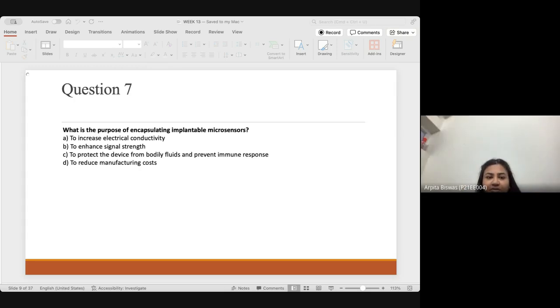So, what is the question? What is the purpose of encapsulating an implantable microsensor? To increase electrical conductivity, to enhance signal strength, to protect the device from bodily fluids and prevent immune response, or option D, to reduce manufacturing cost.